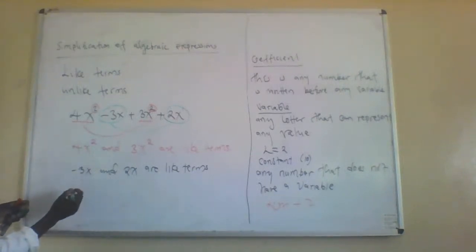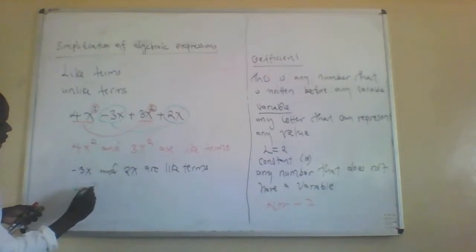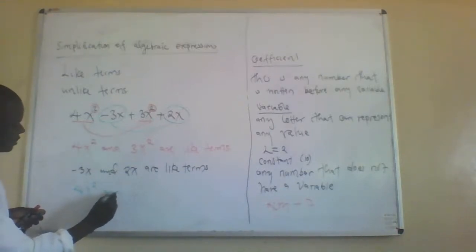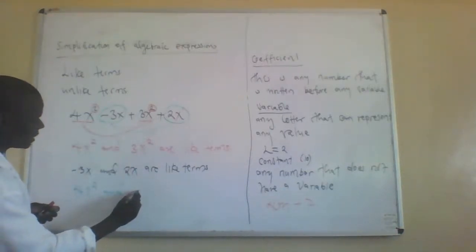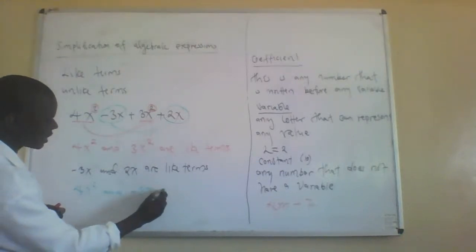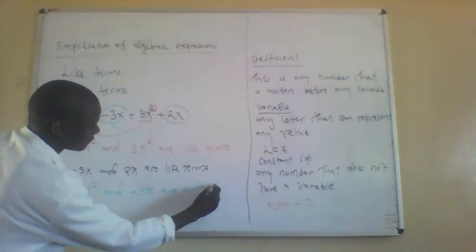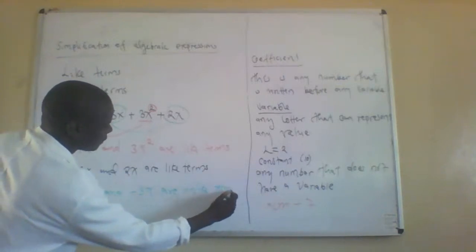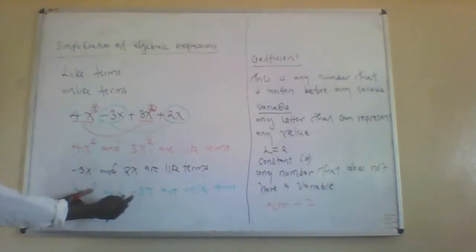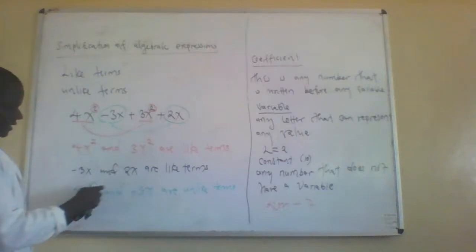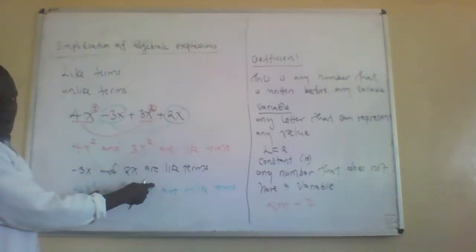So what can we say? We can say that 4x squared and minus 3x are unlike terms. Why are they unlike terms? Because they have got different powers. Here the power is 2, here the power is 1.